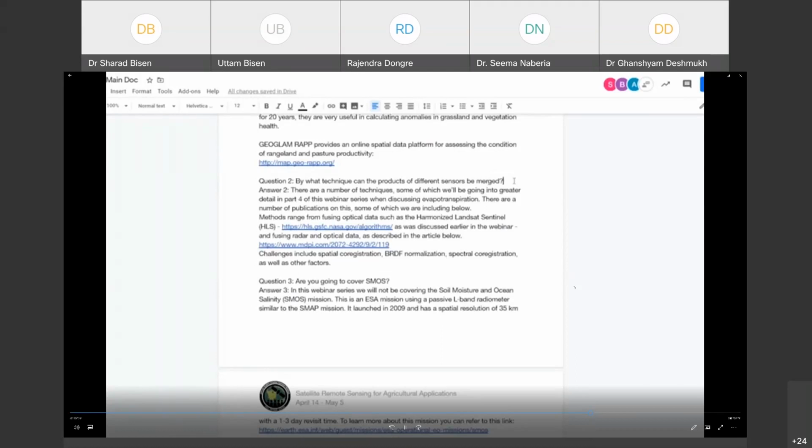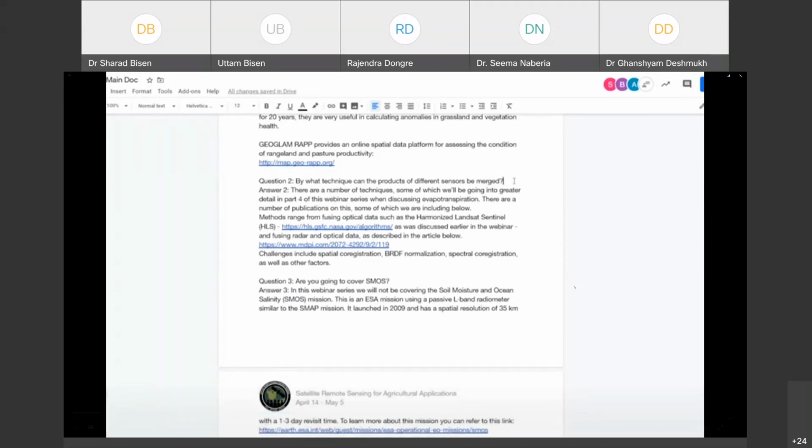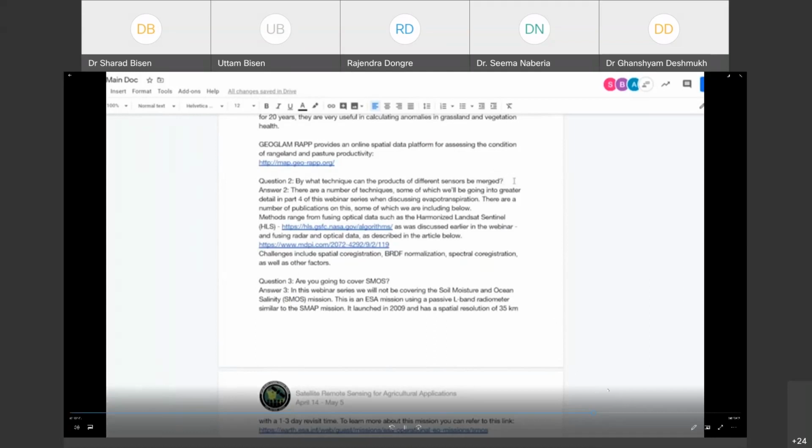Some of the challenges of fusing different remotely sensed data have to do with different co-registration and normalization of different parameters. But we hope you'll explore some of these links that we're providing, and hopefully we'll get some more links provided before we put this on our webpage.